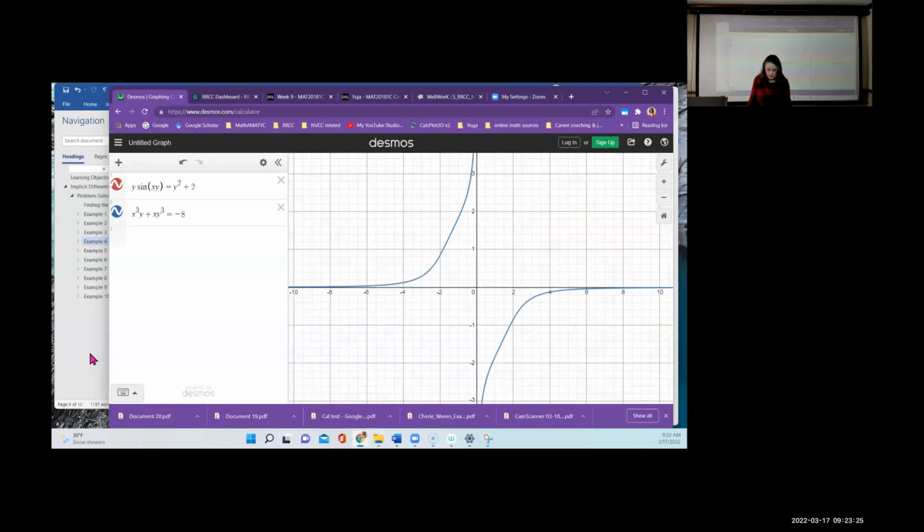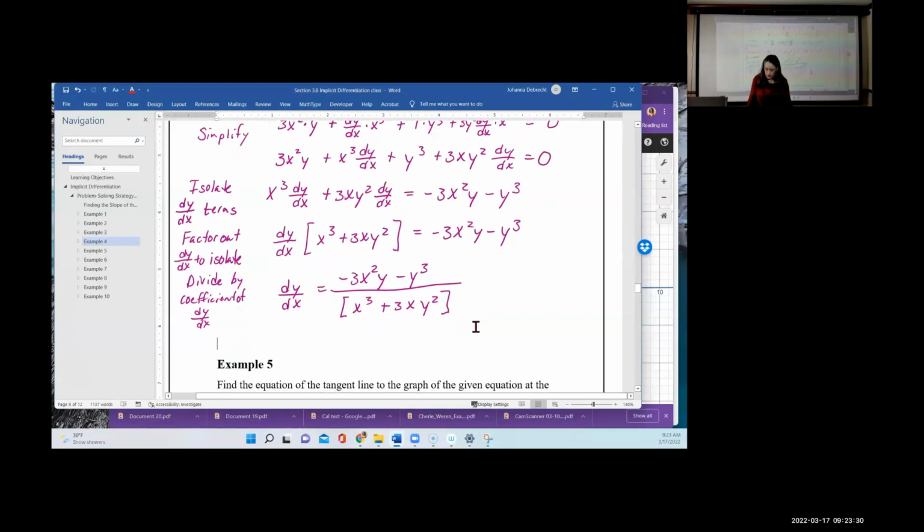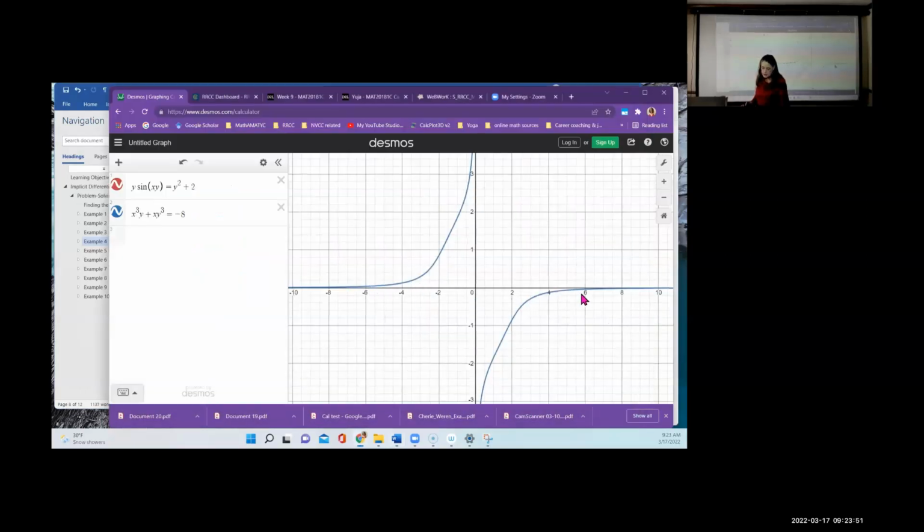And that makes sense because in our formula, if we were looking at the derivative and we had x equals 0, then the slope of the tangent line would be infinite, right? Because the derivative has a common x in the denominator. So if x were 0, that would give us infinity for the slope of the tangent line. And also we can see that it's approaching the x-axis, or y equals 0, as an asymptote as well.